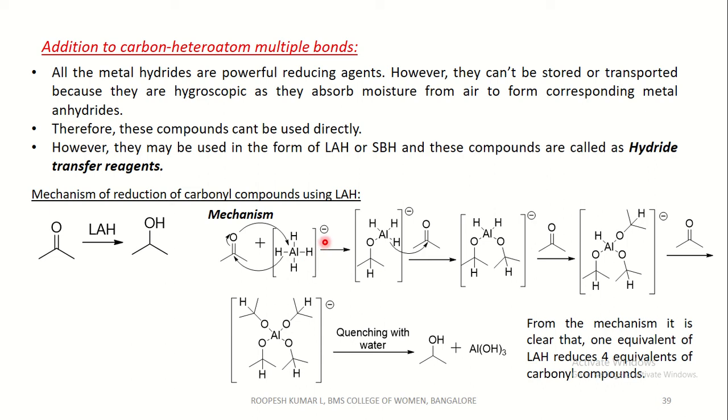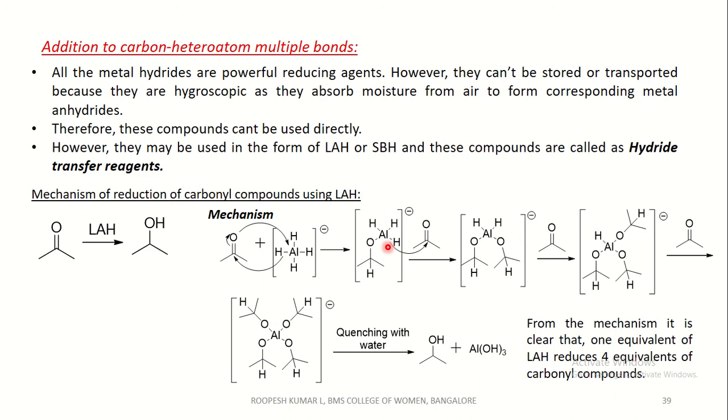The hydride gets transferred from the AlH4 to this carbon, that is, the hydride attacks this carbon. The double bond comes and attacks the aluminium to form the corresponding aluminium species. The counter ion of this is Li plus, the lithium ion.